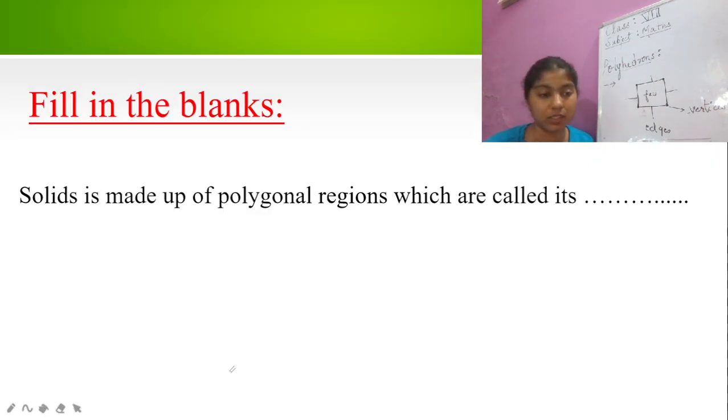Now students, you have to do this fill in the blanks. Solids are made up of polygonal regions which are called its dash. Yes, solids are made up of polygonal regions which are also called, what do we call them, is it vertices, edges or faces? Write down your answer in the comment box.